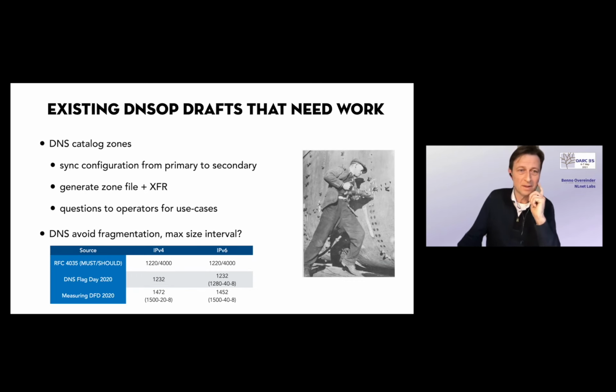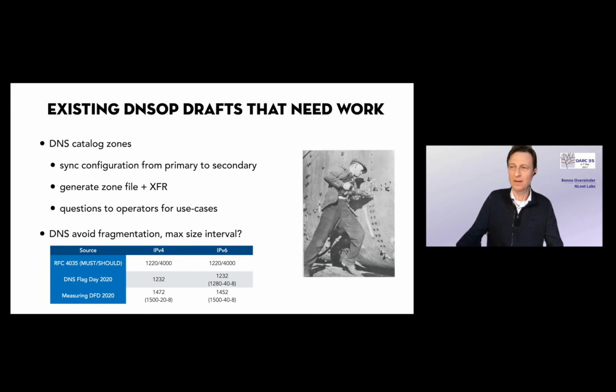Another draft that needs work in the DNSOP working group is DNS avoid fragmentation. So what's the maximum size of UDP packets? There are a number of sources.